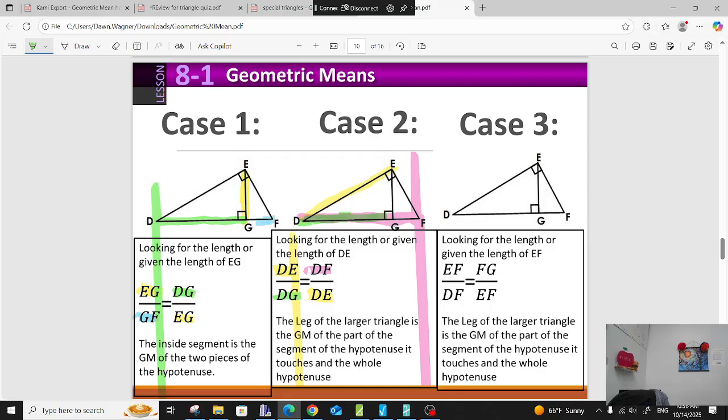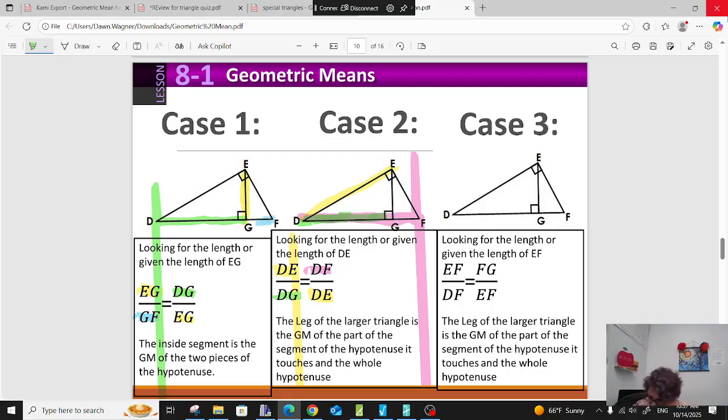All the others use the part it touches, whole hypotenuse. Geometric mean, I'll color code in a minute, part it touches, whole hypotenuse. Okay? And when I start doing problems, it'll make more sense because I don't have numbers here. But believe me, highlighting does help.